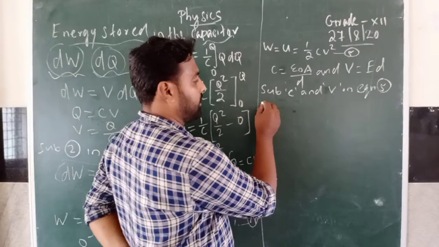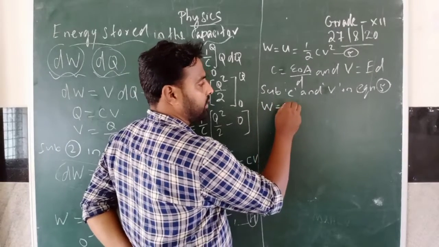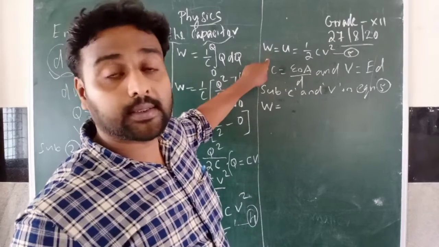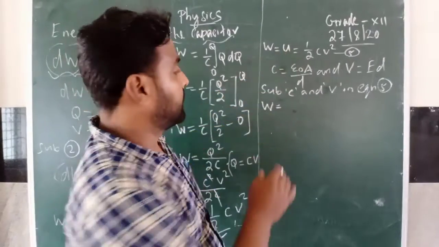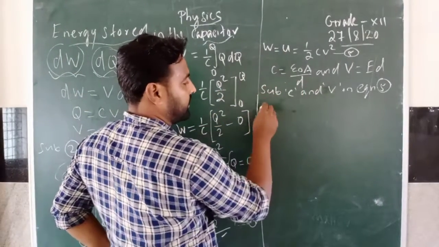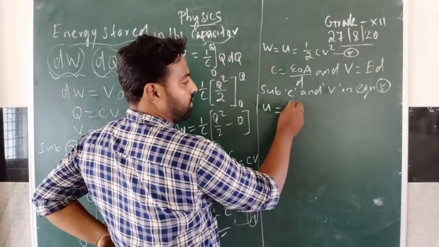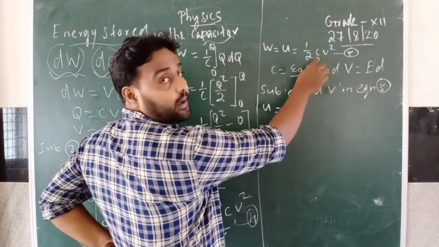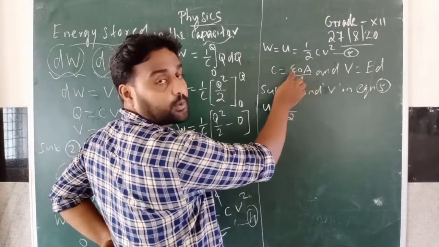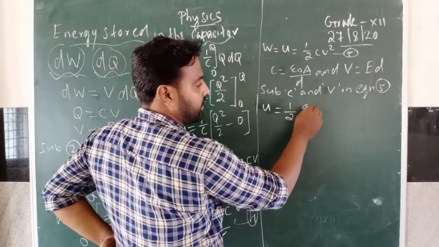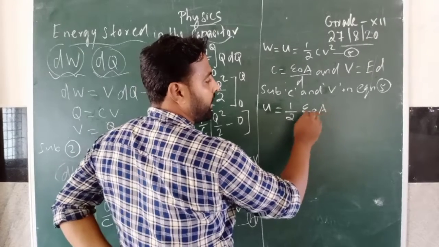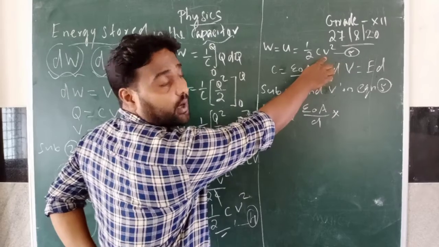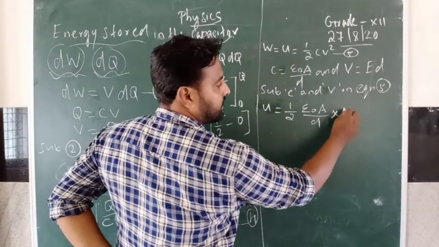So what we will get now? No need of W, because work done is equal to what? Stored energy. So stored energy U equal to 1 by 2, instead of C, epsilon 0 A by D, into, instead of V, ED.